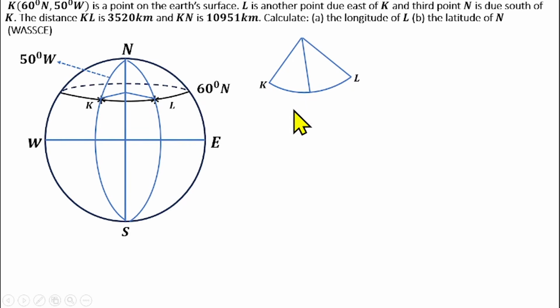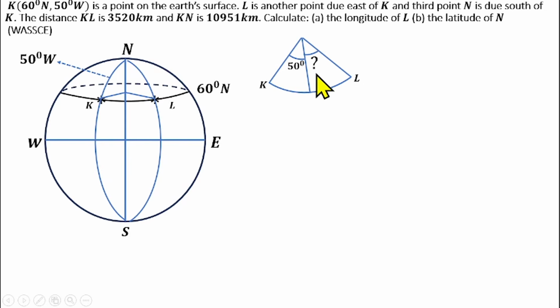So what can we do? We are given the distance between point K and L, which is 3,520. From the origin to point K, the angle there is the longitude, which is 50 degrees. The angle from the origin to the point L is the longitude we are looking for.